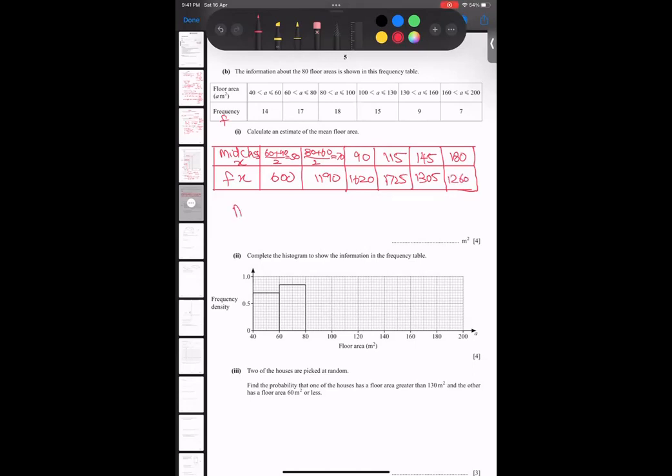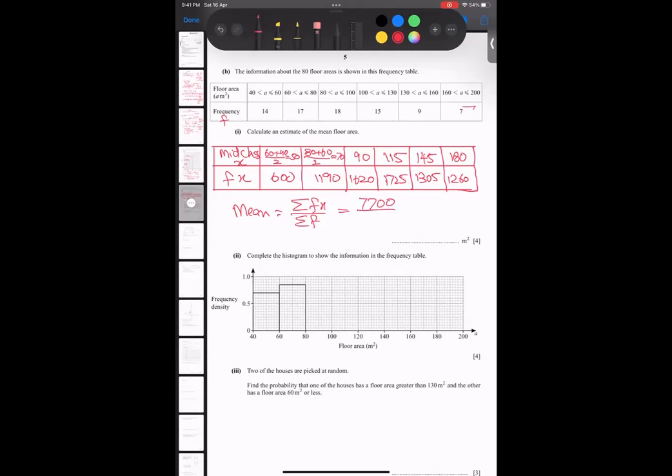Now the formula of the mean is very clear: sigma fx by sigma f. Sigma stands for sum. So sigma fx means add all the values in this column. So I'm adding 600 plus 1190 plus 1620 plus 1725 plus 1305 plus 1260, and I'm getting 7700.